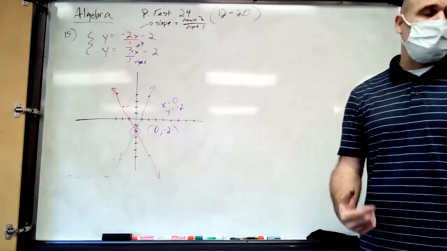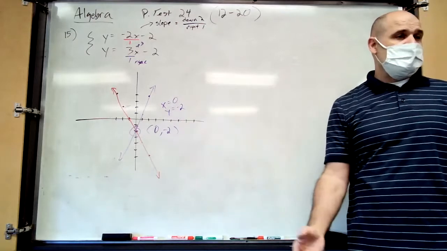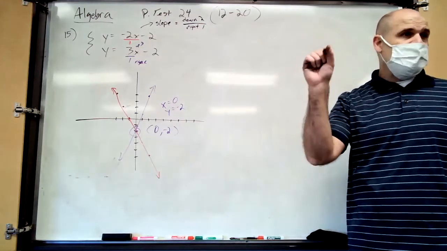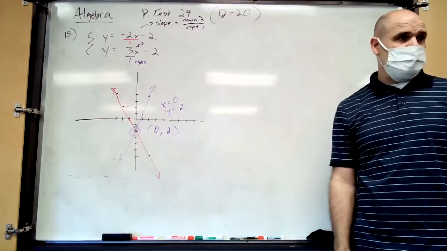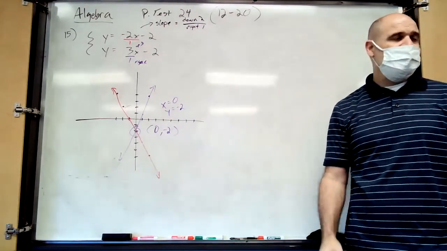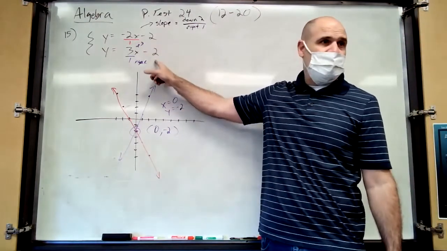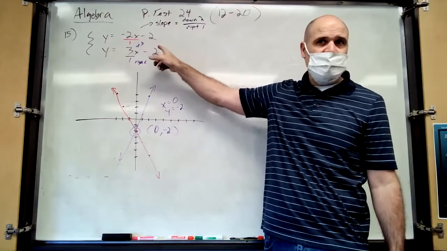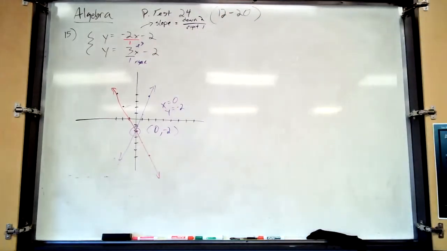So if they give you a point and they give you a slope, but they don't give you an equation, then yeah, you could just go to that point, like 2, 3, and then follow the slope and graph it. Yep. So all you need is one point and a slope. So this gives us a point because it's in intercept form. So it tells us right away where one point is. Okay.